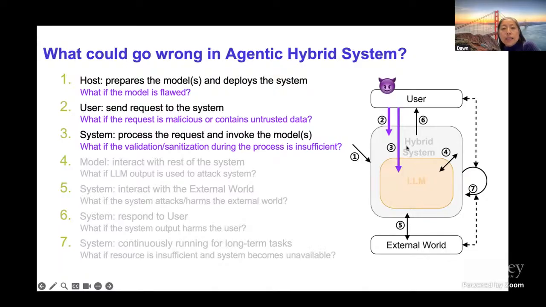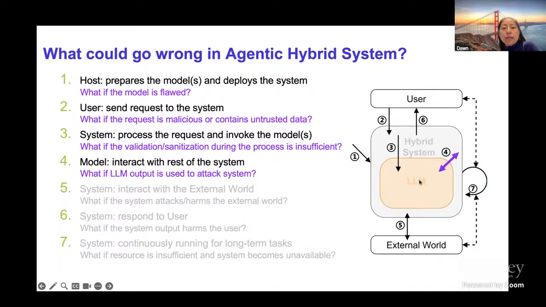So in this case, given that the inputs may contain untrusted data, there could be issues that there may be insufficient input sanitization or validation, such that the assembled prompts to the LLM still contain untrusted data that can further cause the LLM to misbehave.